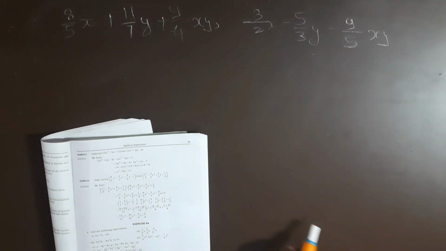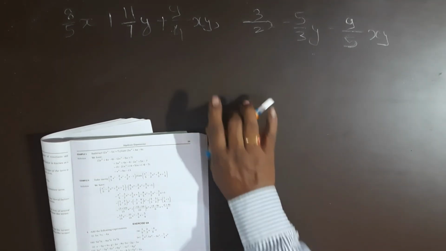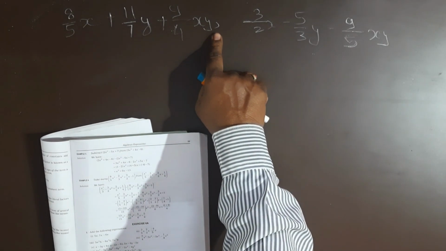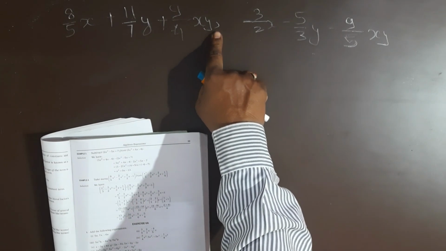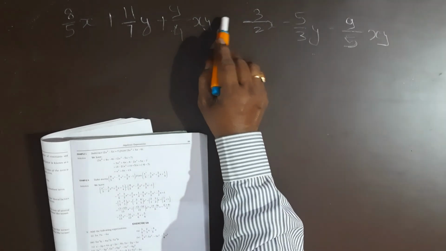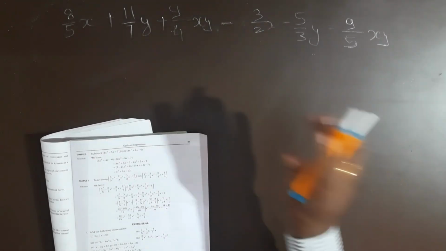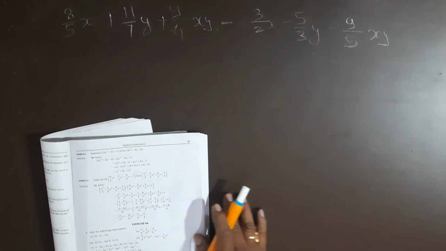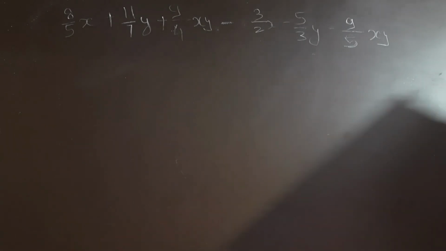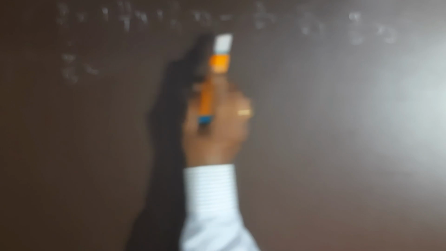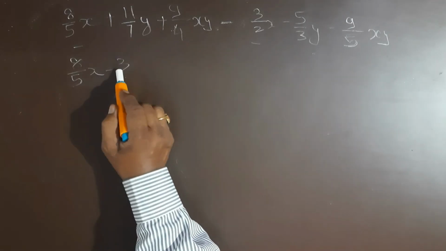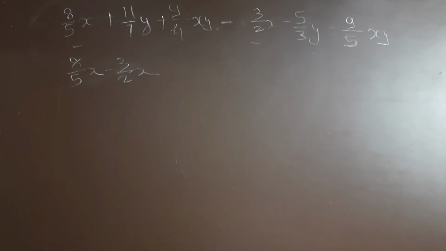Okay. Now only one comma is there. If we remove the comma and just add a plus, we get two signs, plus minus, which becomes minus. Okay, and the remaining everything as it is. Now bring the like terms here. What are the like terms? This is x and this is also x. Bring this 8 by 5x minus 3 by 2x.